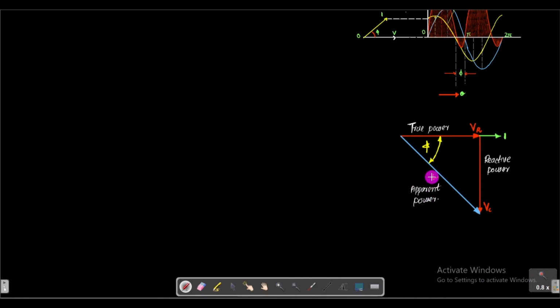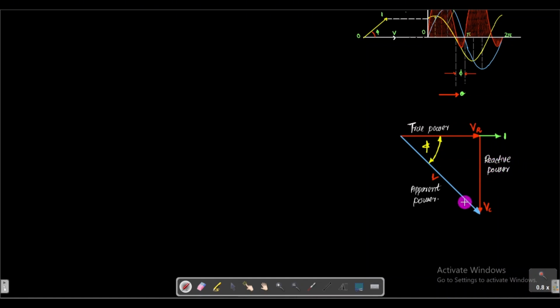When the total power is provided to the RC circuit, some of it will be dissipated inside that circuit. In the form of an electric field between the plates of the capacitor, some of the power will be dissipated, and that power is called the reactive power.